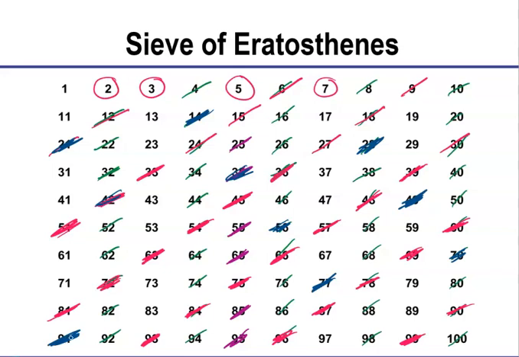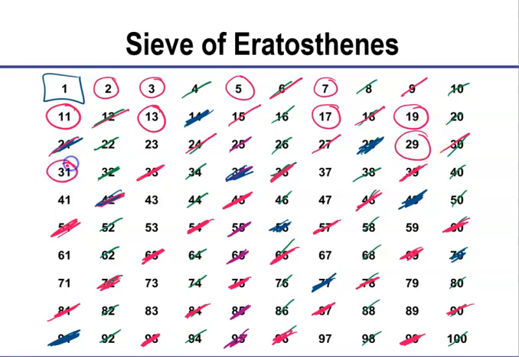Now, let's circle the prime numbers. So I've got 2, 3, 5, 7. Remember, 1 is neither prime nor composite, so it's not circled. Circling these in pink because they'll be easy to spot. The next number is 11. We knew that. 13, 17, 19, 29 is the next one. 31, 37.